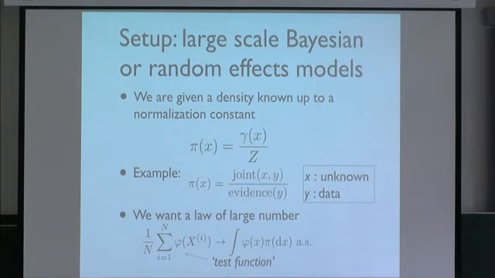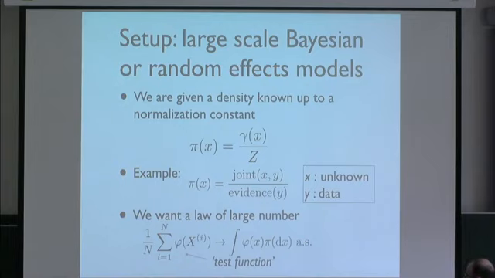Today, for this presentation, we're going to focus on approximations based on the law of large numbers. So we want random variables xi's, where if we are interested in any test function of interest, the average converges to, in the Bayesian setup for example, the conditional expectation given the data. A very standard setup.